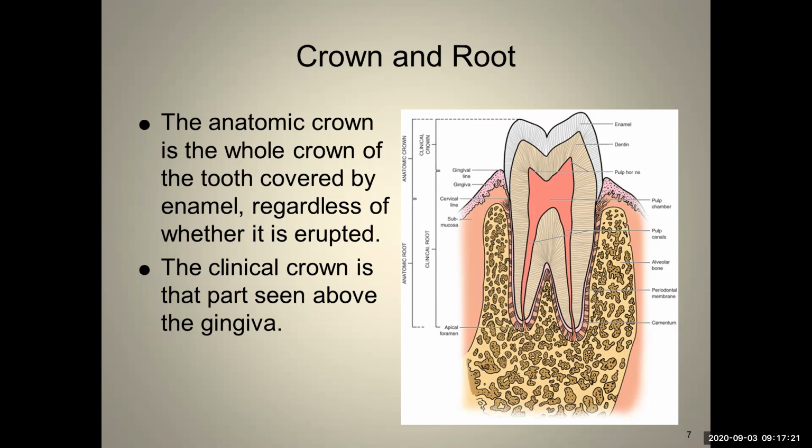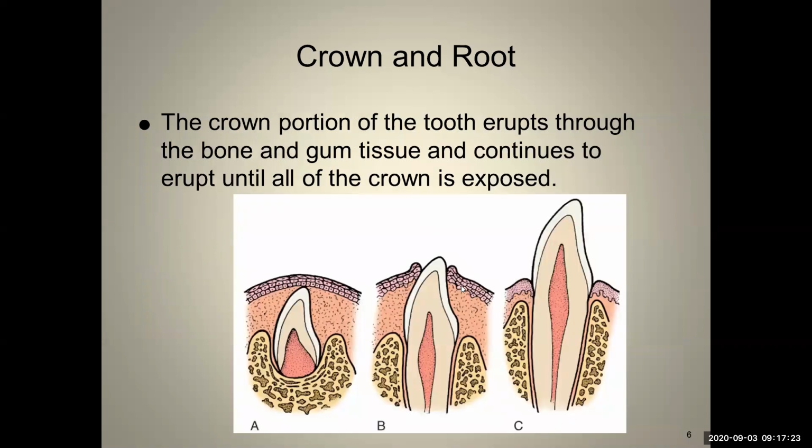So I'm going to take this back here. All right, so we've got an anatomic crown that is any part of the crown that's covered with enamel, but only the part that's exposed is the clinical crown.